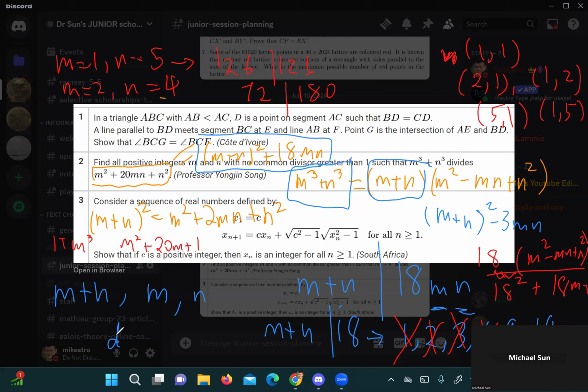So you really just want m squared minus mn plus n squared divides into 18 plus mn. It's not going to be easy to do.